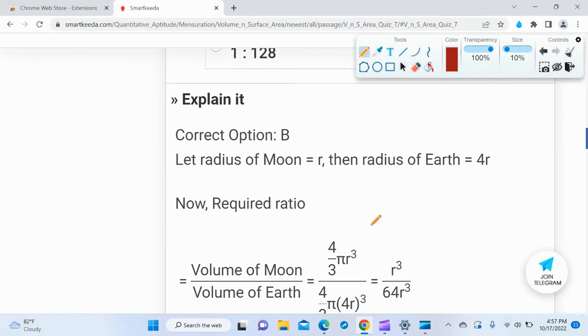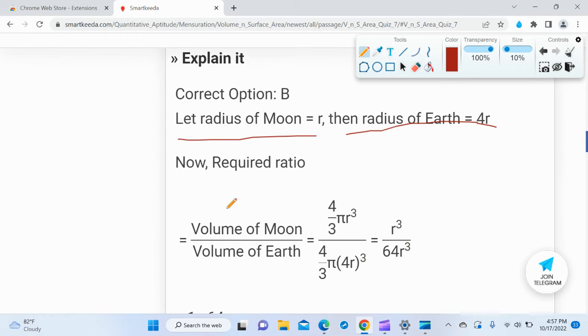Let the radius of the moon be r, then the radius of the earth is 4r, because the diameter is 4 times, so obviously the radius will also be 4 times the moon radius. Now the volume of moon divided by the volume of earth. What is the volume of a sphere? 4 by 3 pi r cube is the volume of a sphere, and 4 by 3 pi r cube again for the earth.